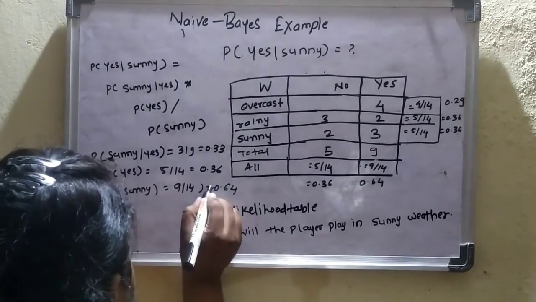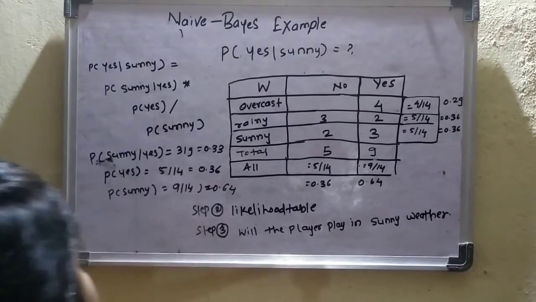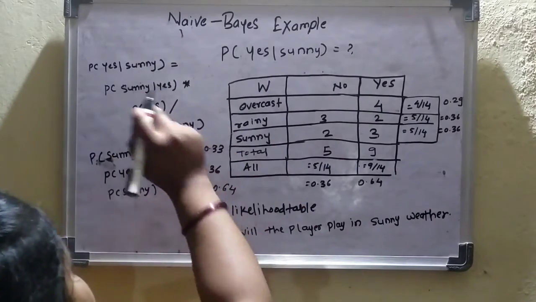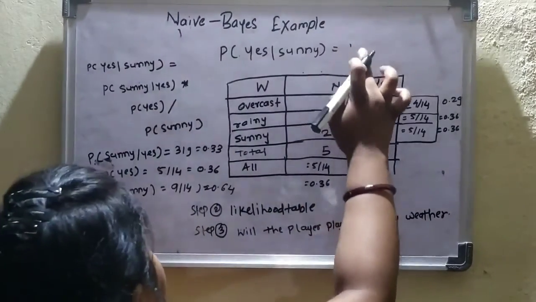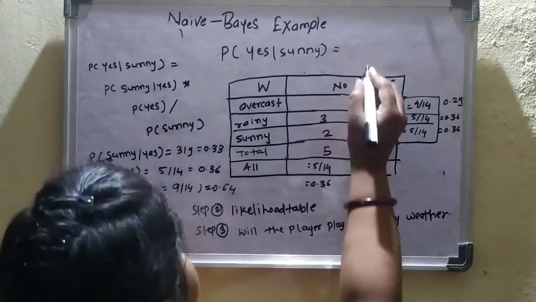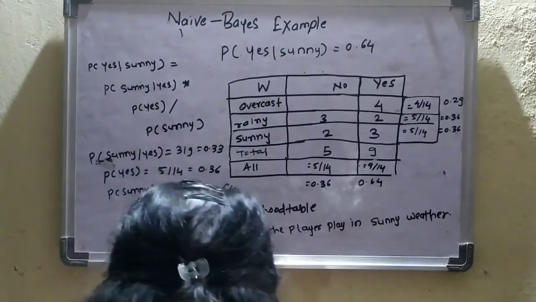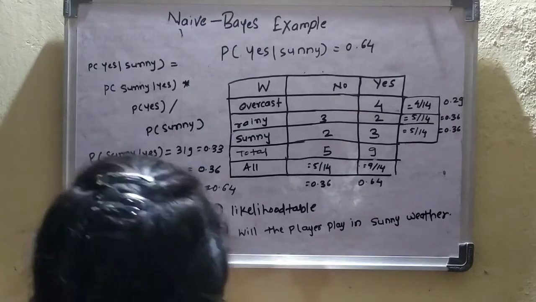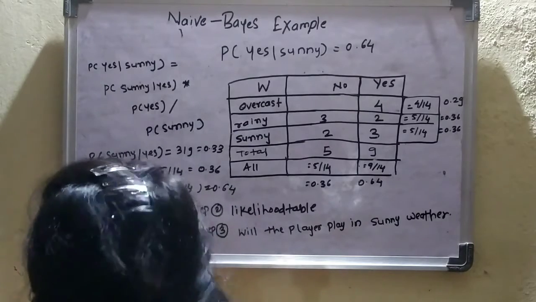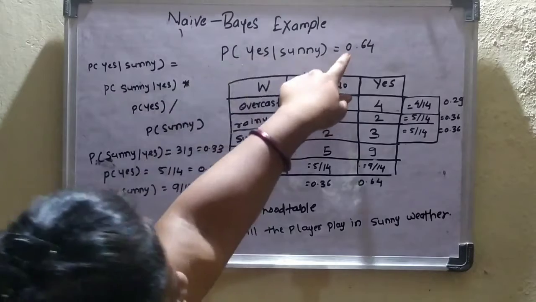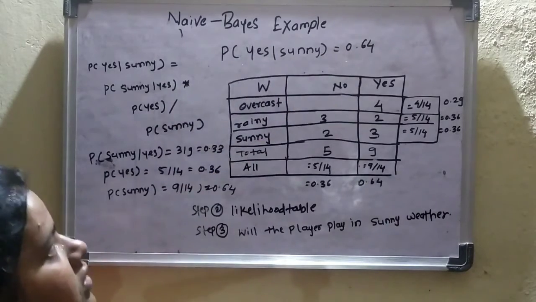If we put all the values into this formula, after all the calculation we will get the probability of yes given Sunny as 0.64, which is a positive value and greater than 0.5.